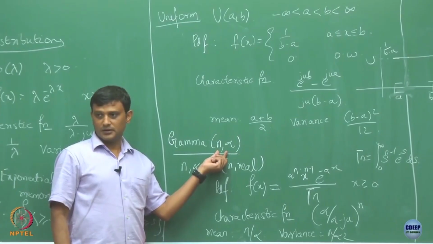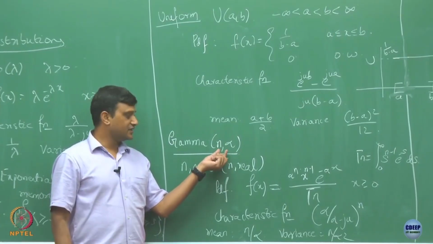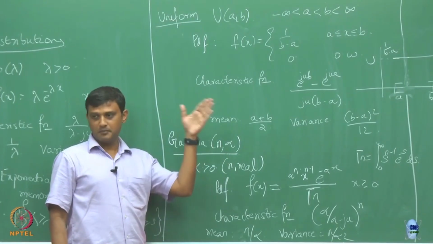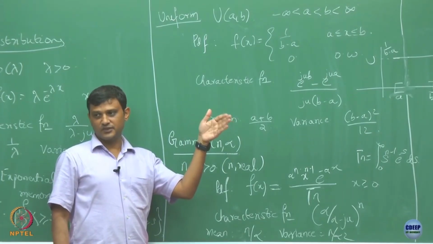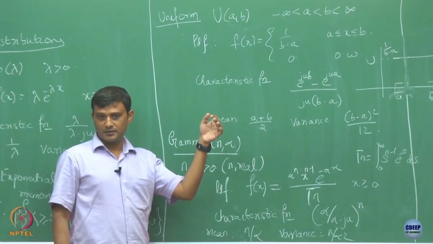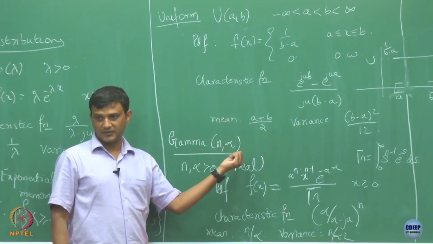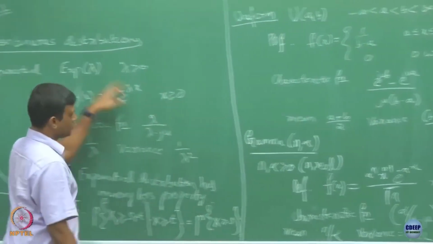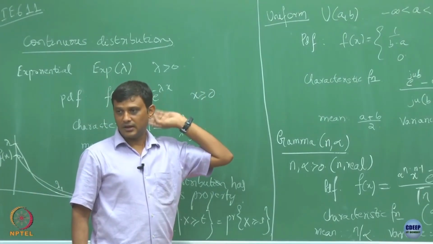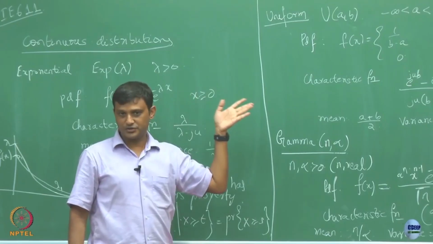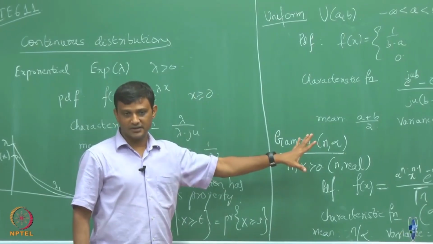through it so happens that this distribution can be expressed as the sum of n exponential distributions with parameter alpha. So if you take this gamma to be alpha and add n such exponential distributions, then you will end up with the gamma distribution.